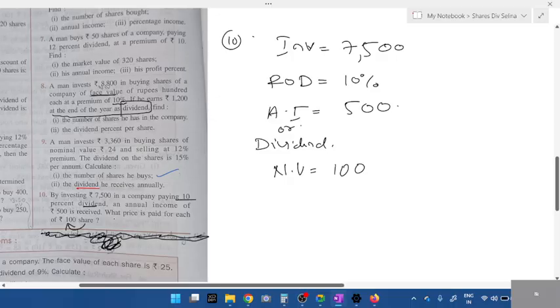What do you mean by what price is paid? No, not market. For each of rupees 100 share. Wait, let me check. Nominal value is 100, yes, because it is before shares, right?